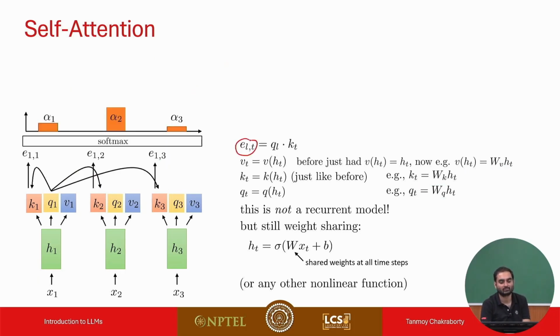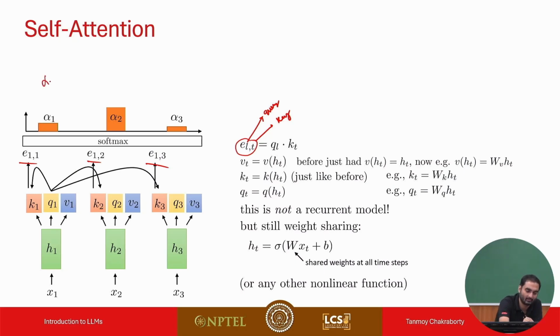We denote these scores using E. What is E_LT? The index L corresponds to the query and T corresponds to the key. So you got attention scores. Then we pass these attention scores through a softmax and we get the attention distribution. These probabilities alpha 1, alpha 2, alpha 3 act as weights, and these weights are multiplied with the values.